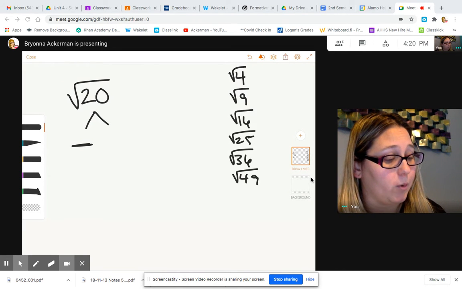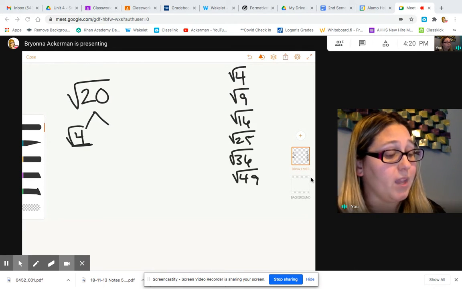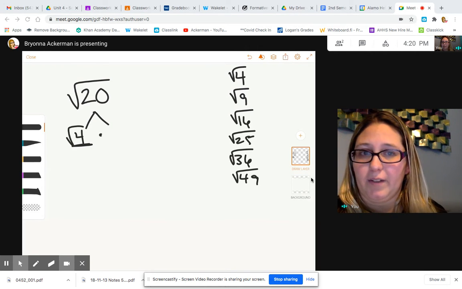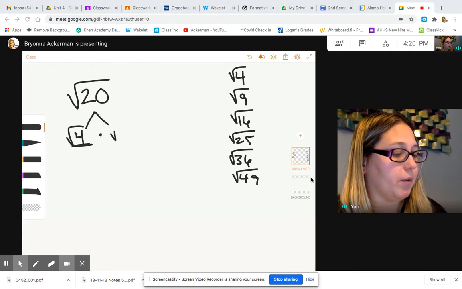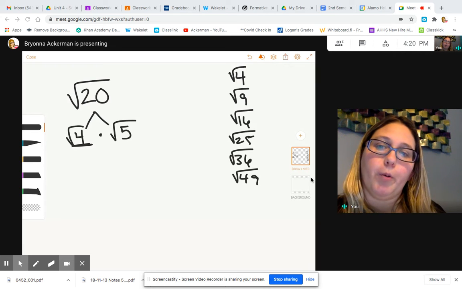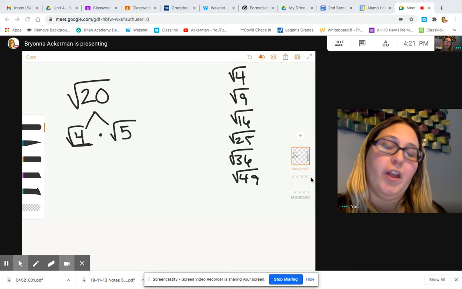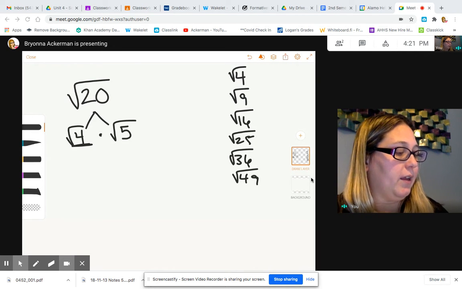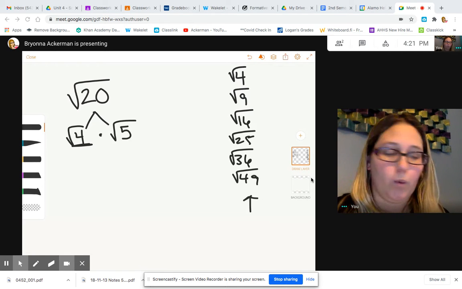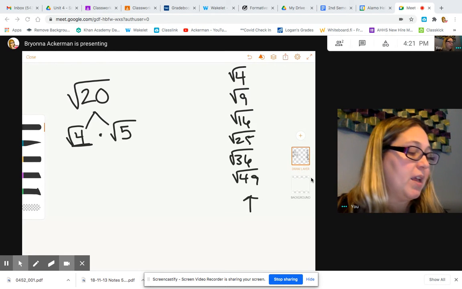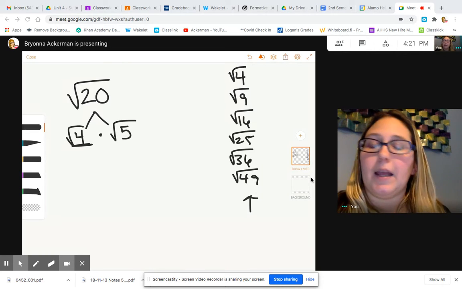I could say the square root of 4. So the question is, what is 20 divided by 4? Well, it's 5, the square root of 5. I look at both of these, and I want to make sure that I can't refactor any of them with this list. I can't, and so then we can solve.